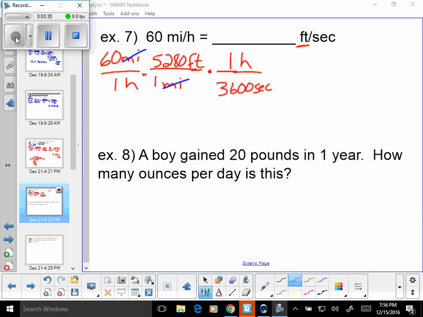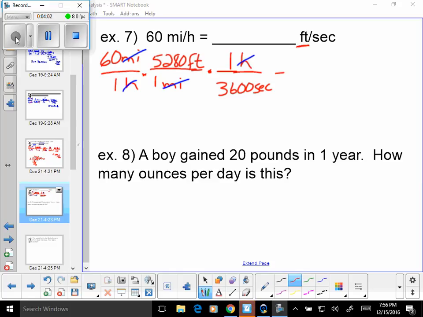Now I want to get the seconds, and if you remember in part 1, we said that there are 3,600 seconds in an hour. So I'm going to use that conversion factor. The hour was down here in a denominator position. I need to have an hour in a numerator position so I can cancel it. That means my seconds has to be in the denominator.